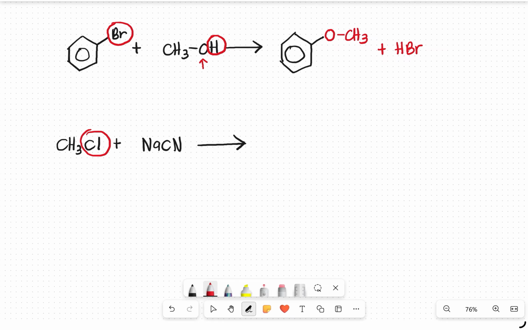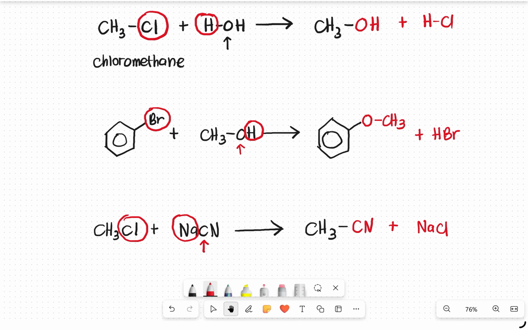For the NaCN, remove Na. So it will attach through C, it's not N, it is specifically C. Now we draw the remaining alkyl, CH3 remains, no more Cl, so now it is bonded to CN like this. And the byproduct is the one that you remove, NaCl.